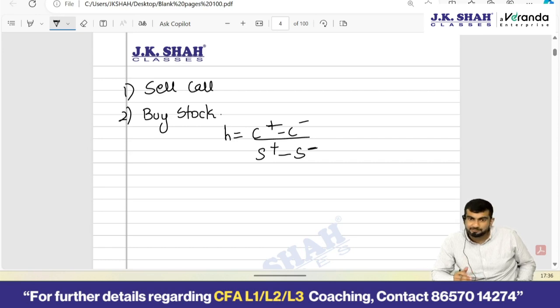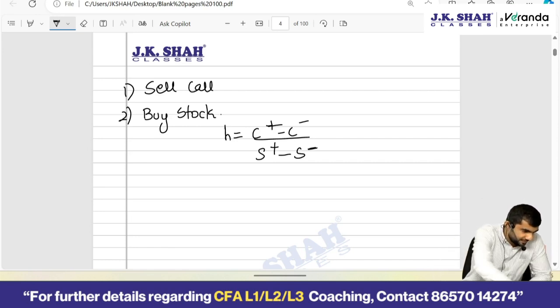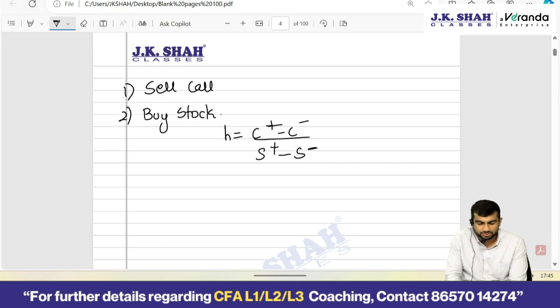In both cases, up move and down move, we were getting the same payoff. The same formula for hedge ratio applies to a put option: (P plus minus P minus) upon (S plus minus S minus), right? Now I'm not going into the calculation part of it. We had taken all four cases: call overvalued, call undervalued, put overvalued, put undervalued.